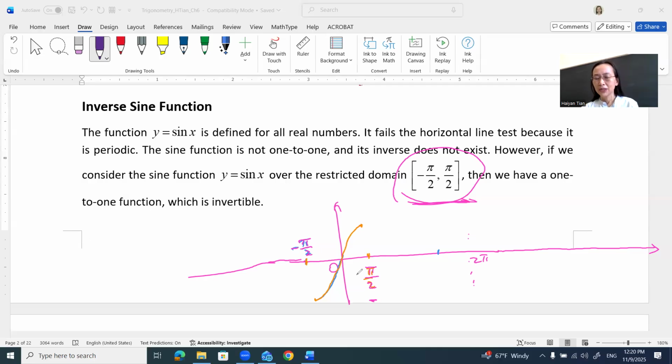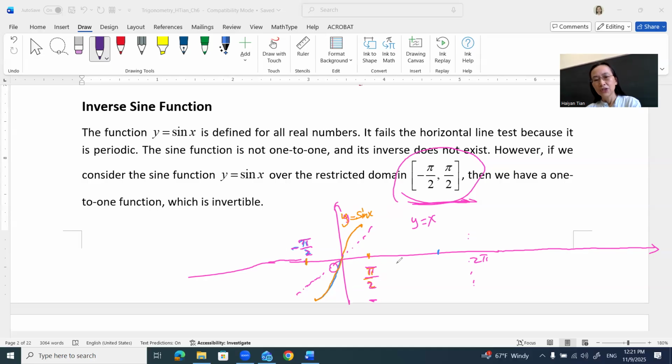You already know the picture for the inverse: it will be symmetric about the line y equals x. So you draw the line y equals x, and then you can draw another function symmetric with the sine function, which is the original function, sine defined on the interval from negative half of pi to positive half of pi.